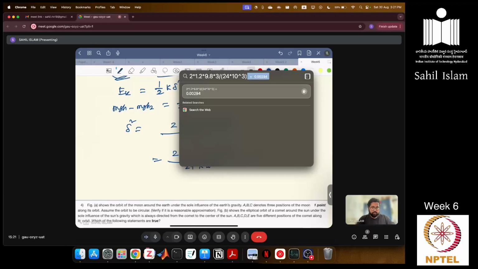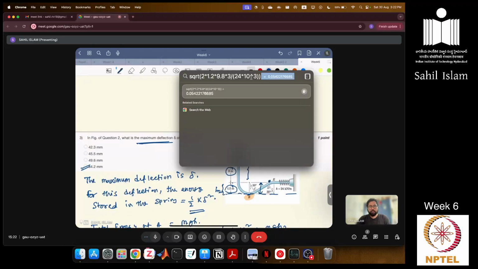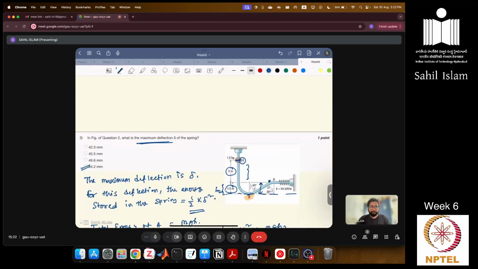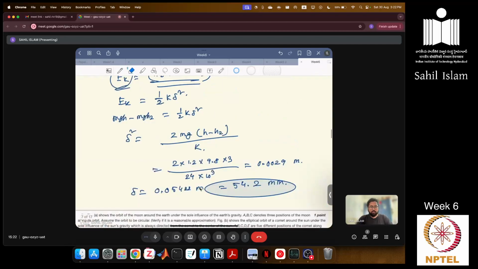This gives 0.0029 meter squared. So delta becomes the square root of this, 0.05422 meter, which equals 54.2 millimeter. So this is our answer. 54.2 millimeter. Fine. Is it not visible? Yeah, it is visible. Okay.